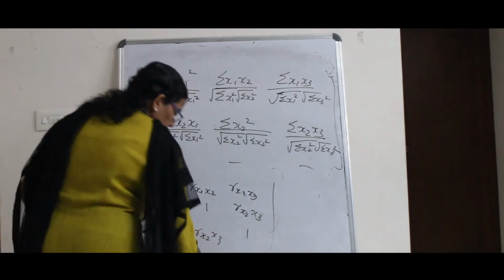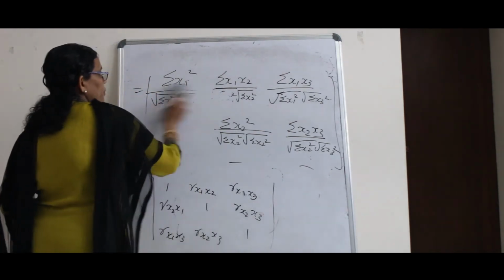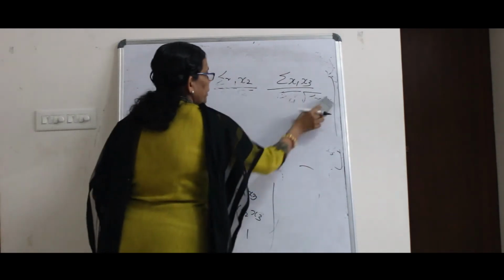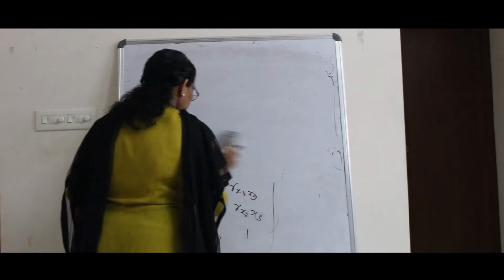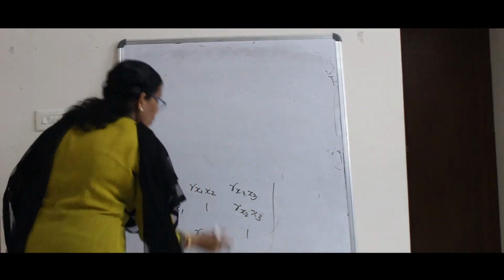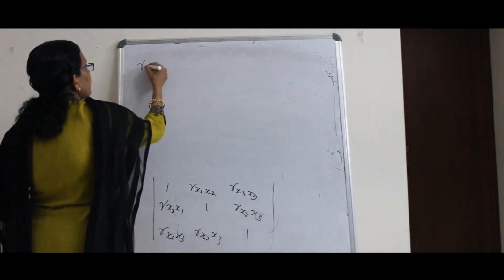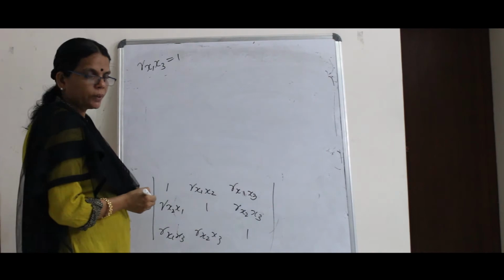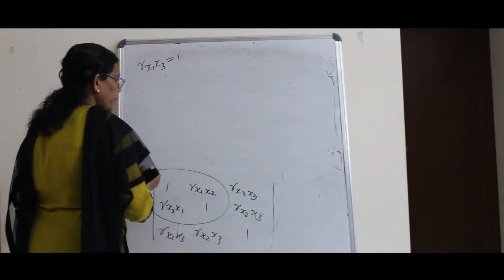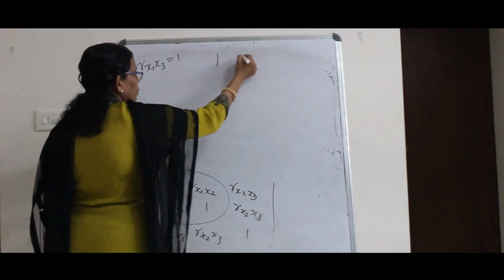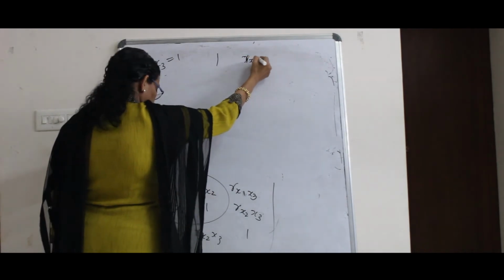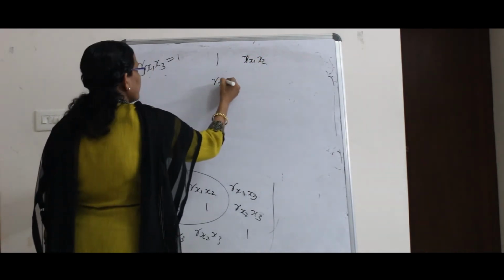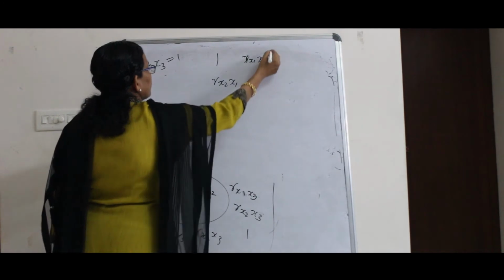And from this we can find whether the variables are multicollinear or not. How do you find that? If the variables are multicollinear, then Rx1x3 will be equal to 1. Suppose you take the 2 by 2 form: 1, Rx1x2, Rx2x1 and 1.